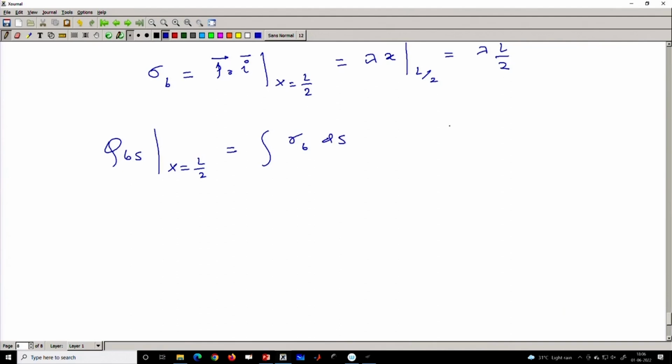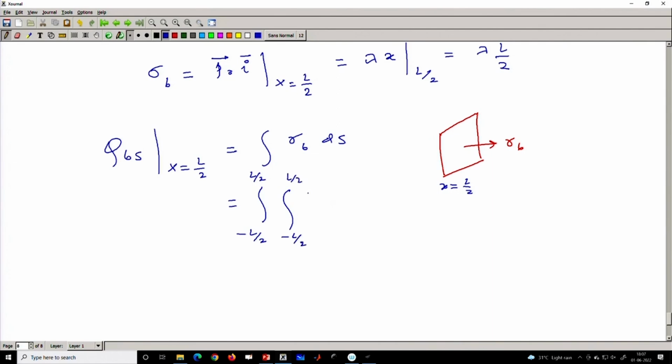Sigma b is known, and to get the total charge I need to integrate it over the surface, from minus L by 2 to L by 2 in both directions.